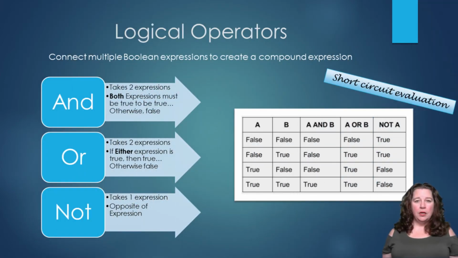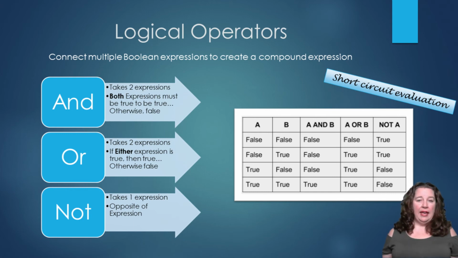Sometimes in programming, we want to compare multiple things at the same time. So in the previous example of nested ifs, you saw that I didn't say specifically, is it less than 80 and greater than 70? I just used my if else or my else if to determine that. In this case, we may want to compare two completely separate things.